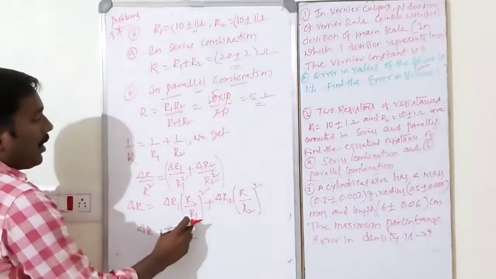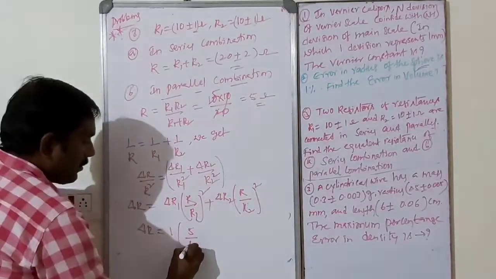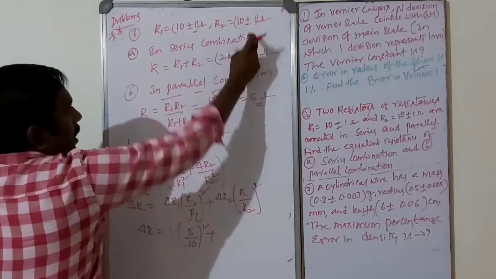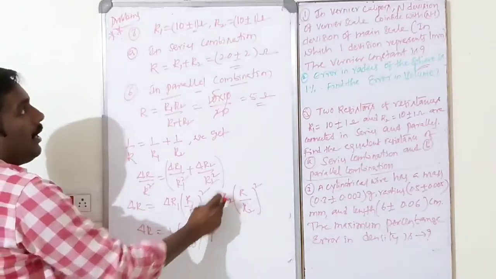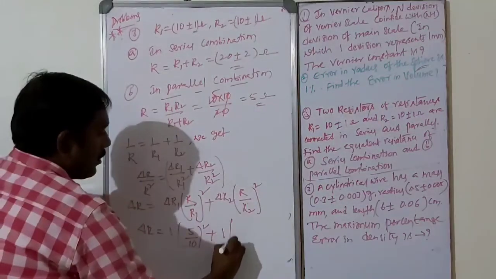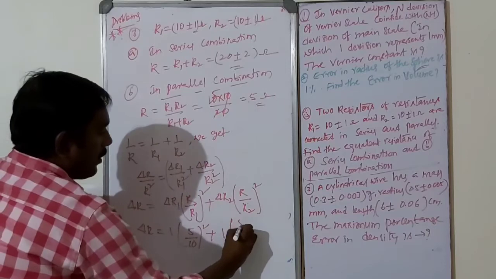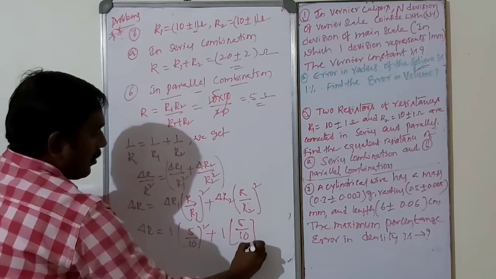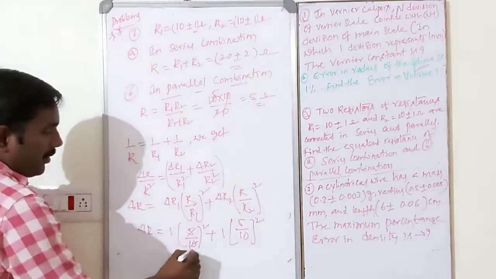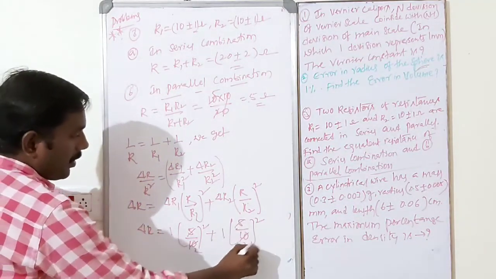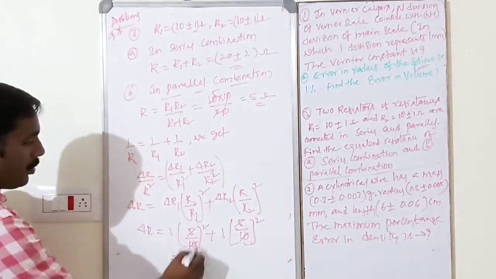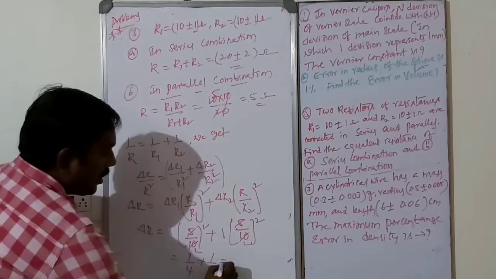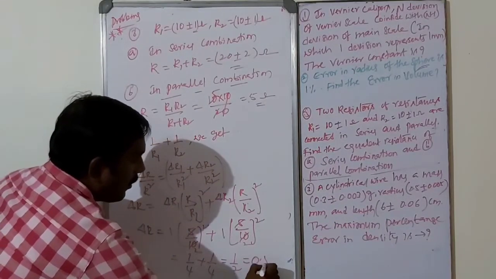What is the value of R1? 10 whole square, plus delta R2, that is the error in R2, 1. R is 5, R2 is 10, whole square. So 1 by 2 whole square, that is 1 by 4, plus again 1 by 4, that is equal to 1 by 2, that is equal to 0.5.